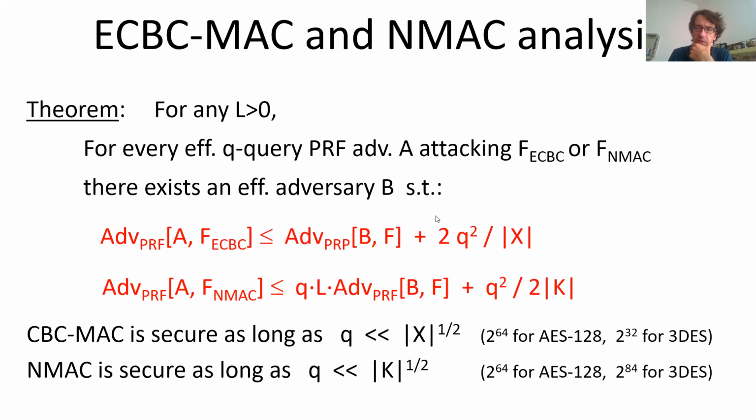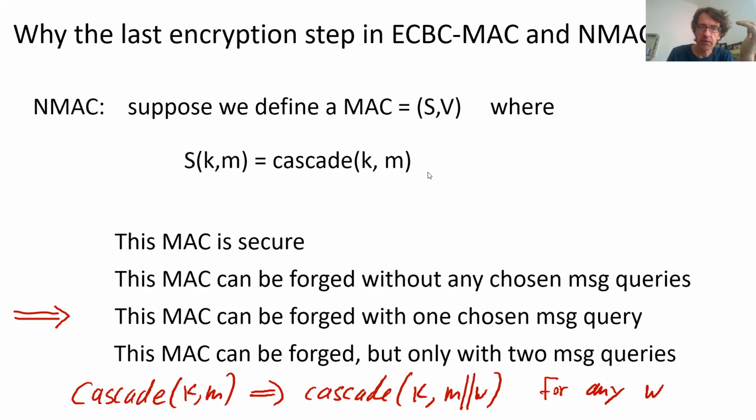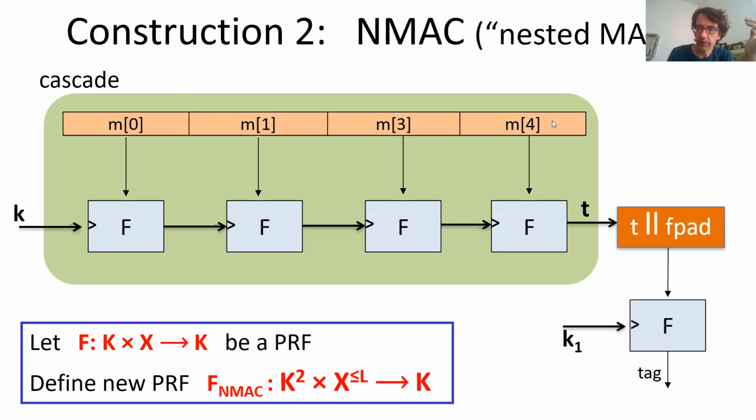The analysis of both CBC MAC, encrypted CBC MAC, and the NMAC is that these are PRFs if the underlying F is a PRF. So exactly, if you have a PRF attacker on either the encrypted CBC or on NMAC as PRFs, he submits any messages of arbitrary length, these orange blocks, and he gets back a tag on them.